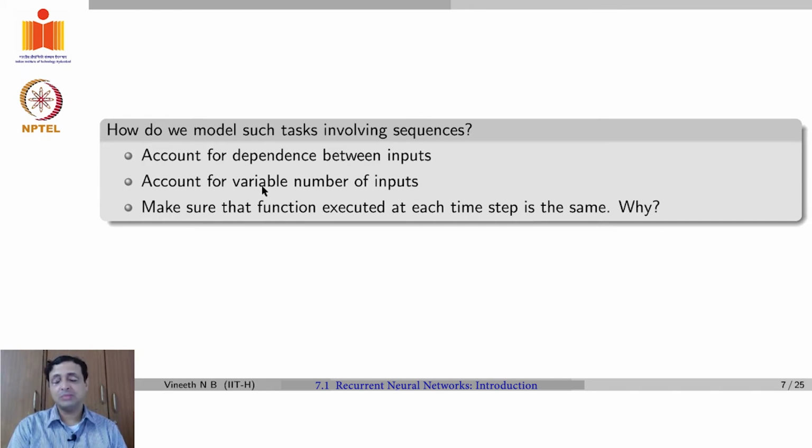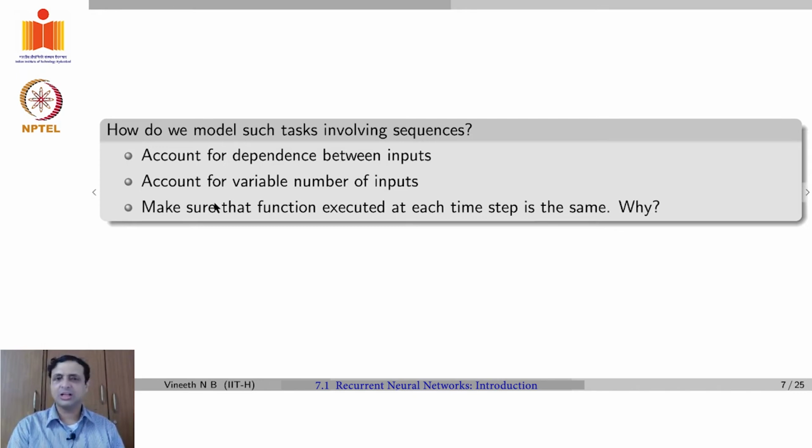If you take image captioning, given an image, you could have a caption which has 7 words. Given another image, you could have a caption which is 10 words. How do you allow a variable number of outputs, or similarly a variable number of inputs for another application?